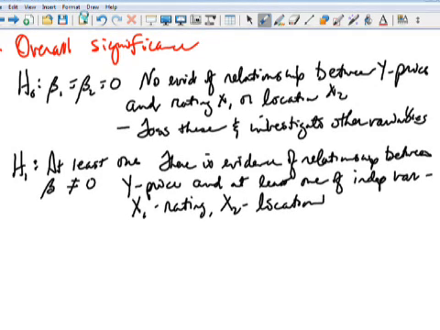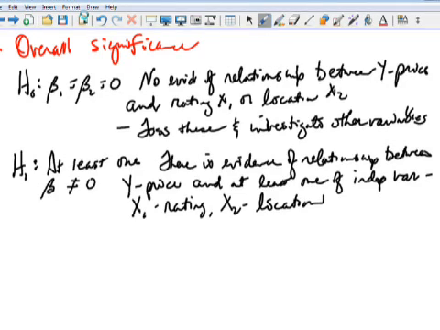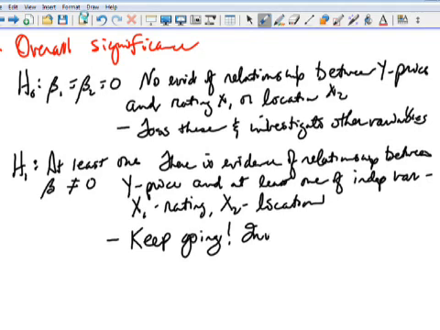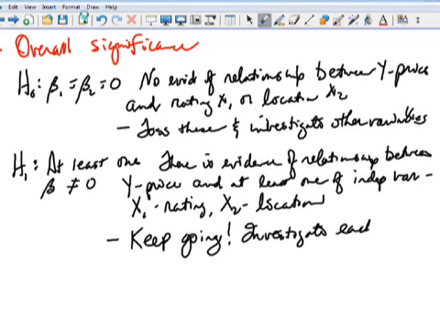If we reject the null then, at this point we will have to investigate each independent variable separately. In other words, keep going. Investigate each X separately with a t-test.